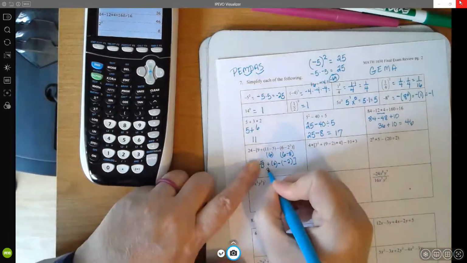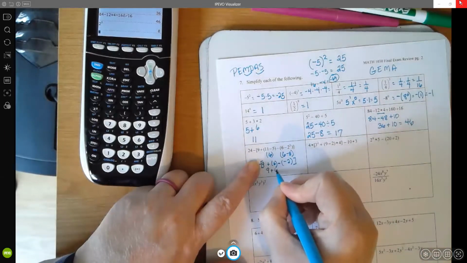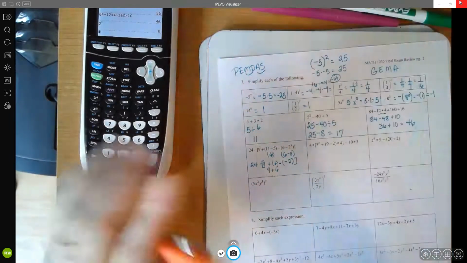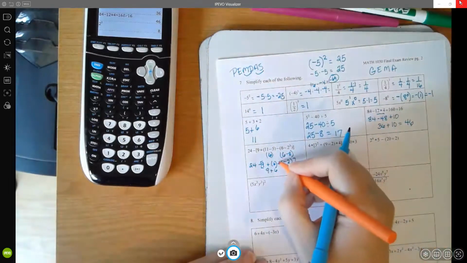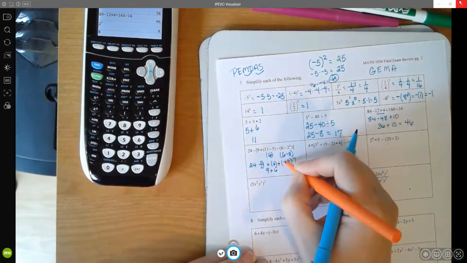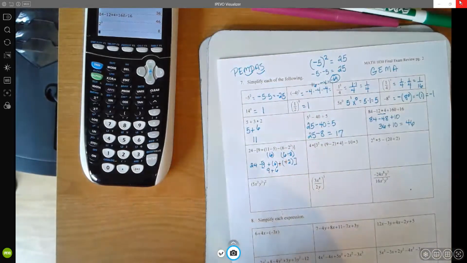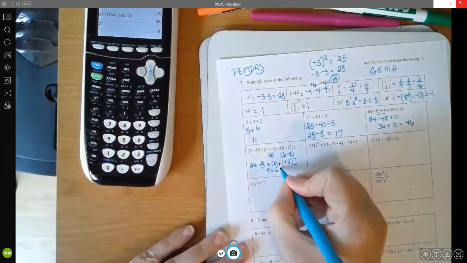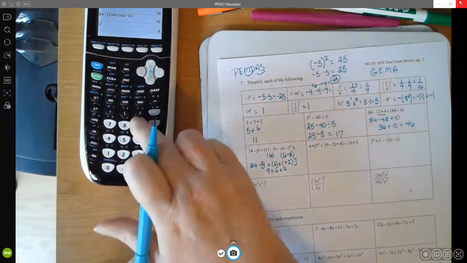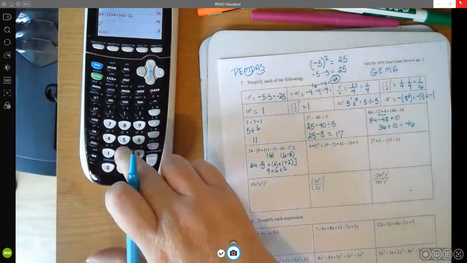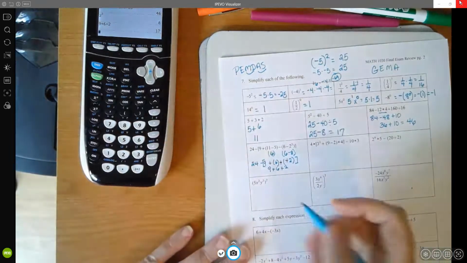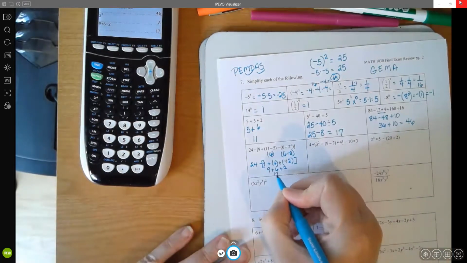Well, I can write that as 9 plus 6, and I want to use a different color here and make that subtract, adding the opposite. So that becomes 9 plus 6 plus 2. 9 plus 6 plus 2 should be 15 plus 2, which is 17.